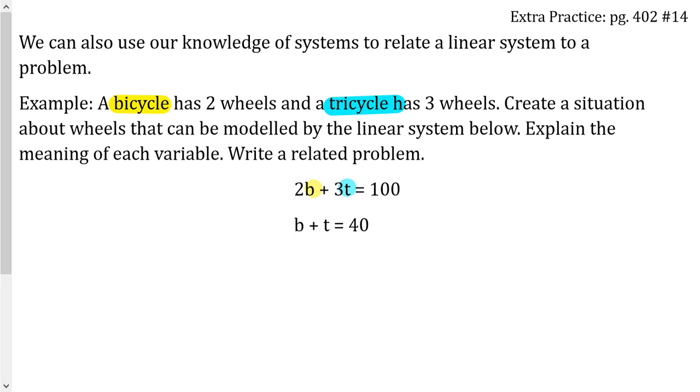Because we see those coefficients talking about things we're familiar with, 2's and 3's for bicycles and tricycles, this equation has to be talking about the number of wheels. And so maybe B and T just represent how many bicycles and how many tricycles we have.